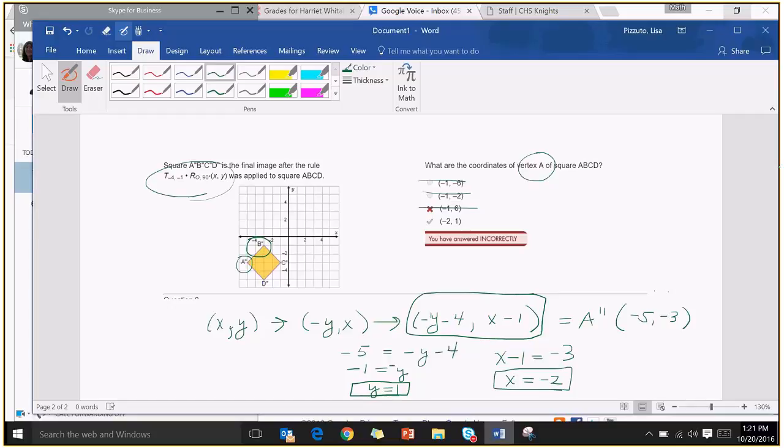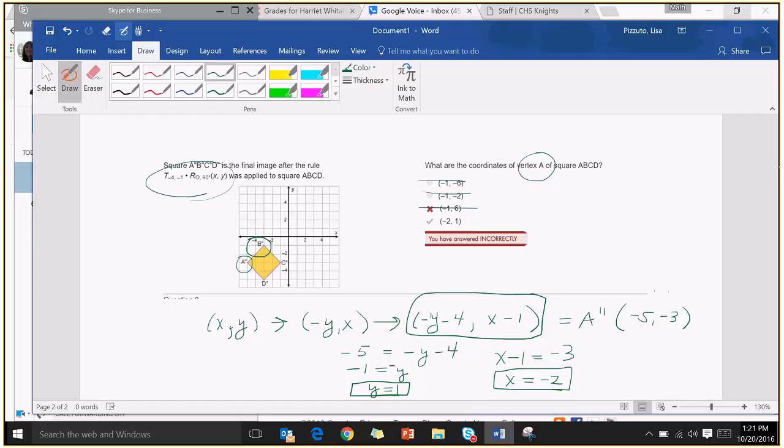Let me think real quick. Sure, take a minute to look at that problem. Okay, so you had the points negative 5, negative 3. Could you not have just switched it and added 4 to the y and added 1 to the x, like do the opposite?